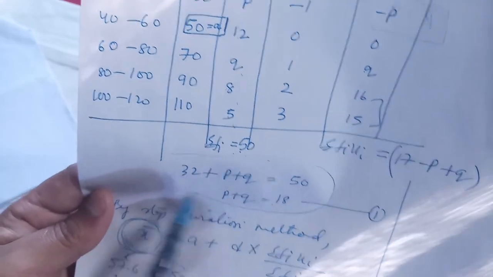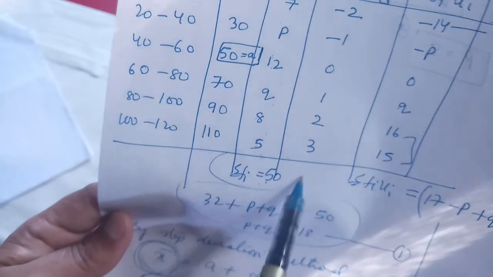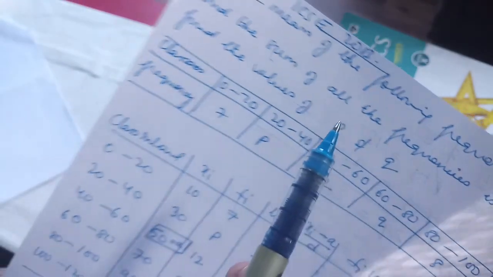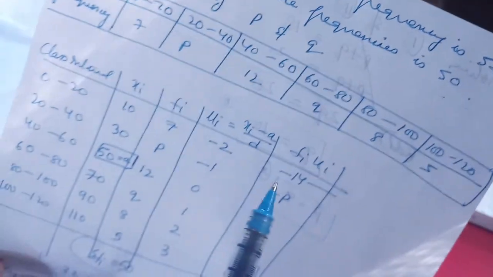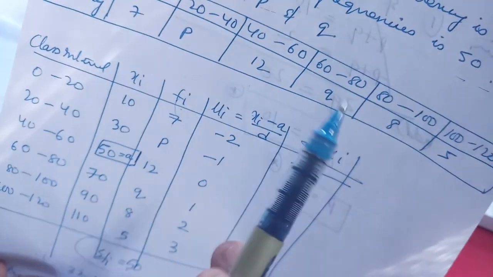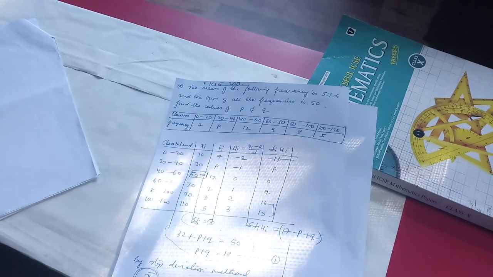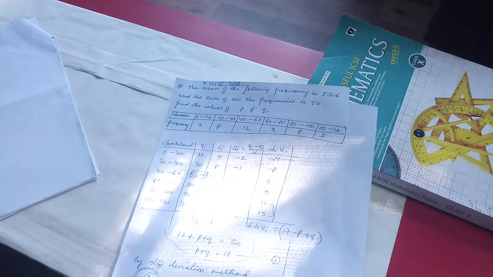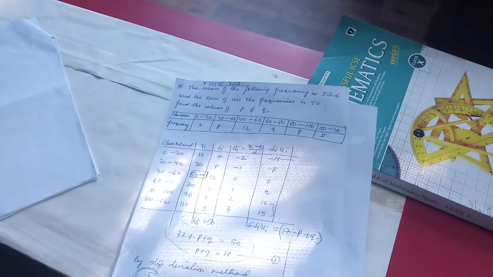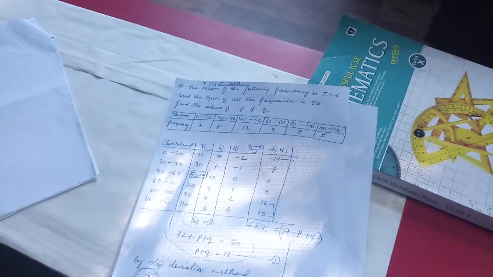The first equation, the sum of the frequencies, is also given in the question. This type of question where you have two missing frequencies is also very important from your exams point of view. So mean we have almost covered everything. The missing frequency is also the same. The rest of the questions are also the same. Okay.